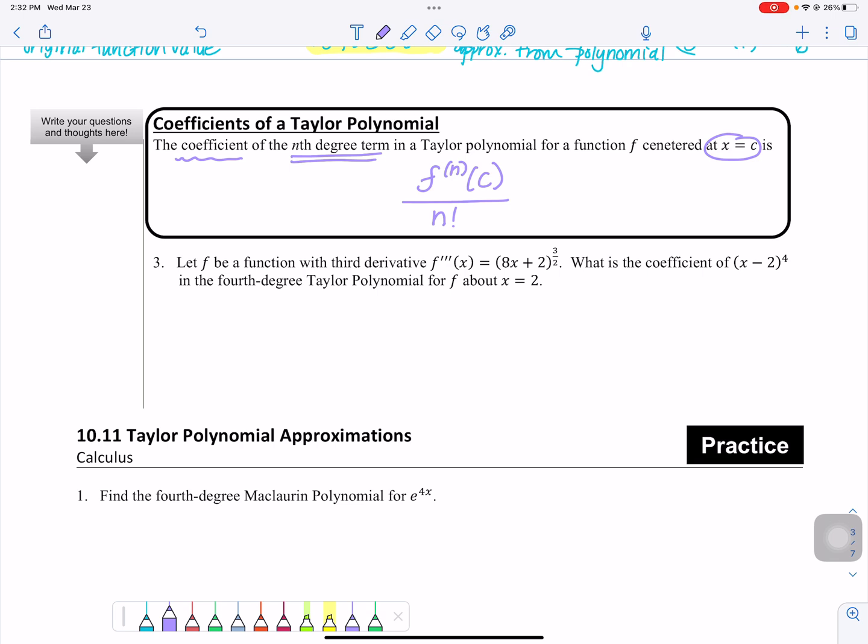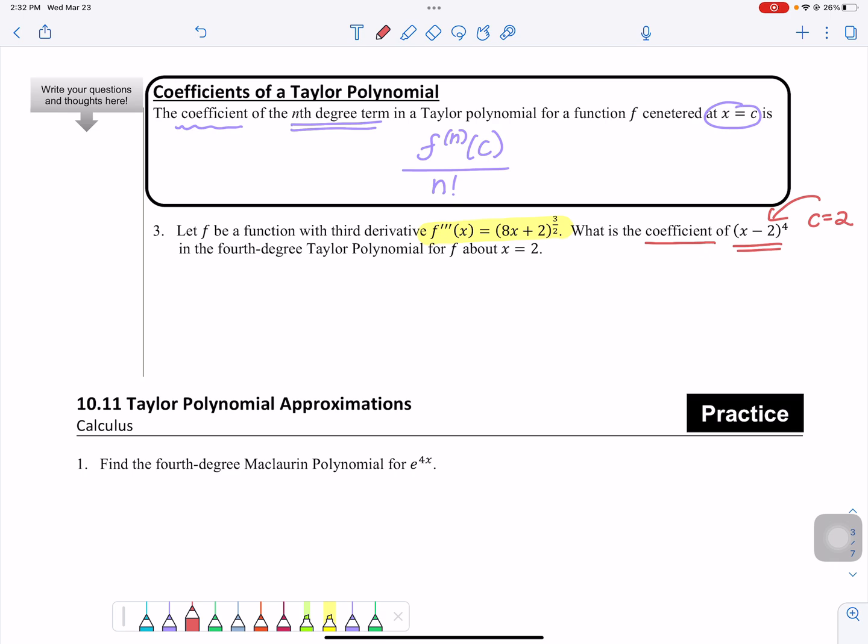So let's try an example that uses the coefficient. Let f be a function with a third derivative, so they actually gave us the third derivative. What is the coefficient of x minus 2 to the fourth power? That means the center is at 2 in the fourth degree Taylor polynomial for f about x equal to 2.